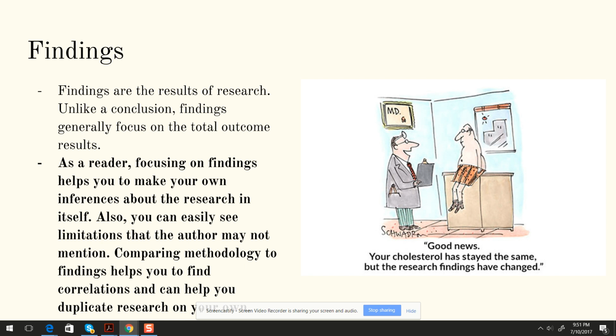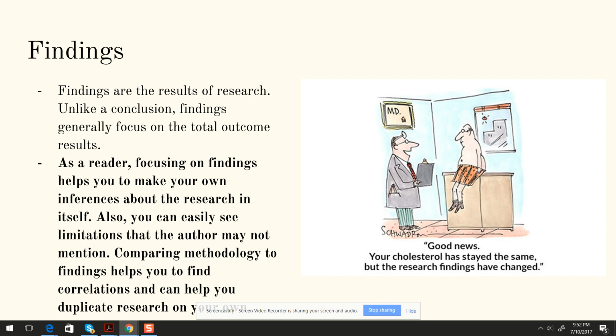Now, a lot of times findings mean different things to different people. So what I want you to do as a researcher is find limitations that the author may not mention. If the author uses some sort of methodology and it doesn't address some special groups, or if they don't take into consideration certain ethnicities or certain genders, this is where you're going to find it, really, in the findings.